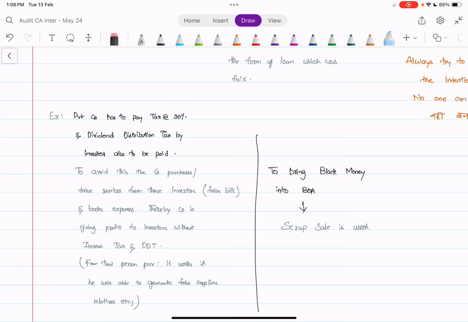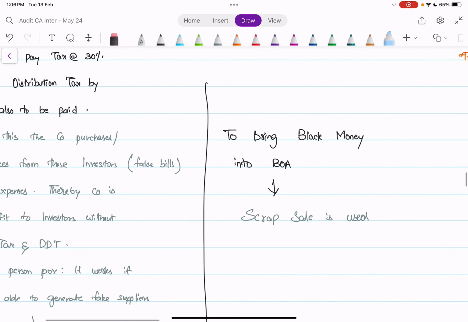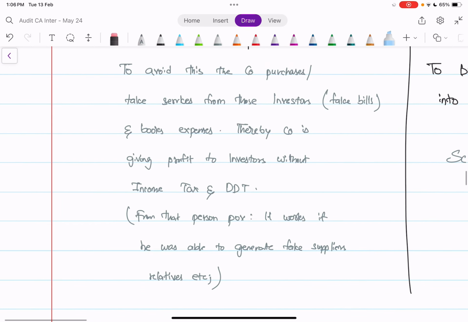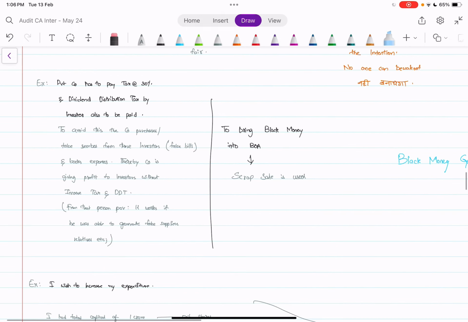So here the black money is generated to the investor. I mean, the black money is getting out of the enterprise. In the same way, if the black money has to be reintroduced in the business, they can use a simple entry called scrap sale to bring black money back into the books of accounts. To get it out, they might use the first option, where fake purchases or something like that.